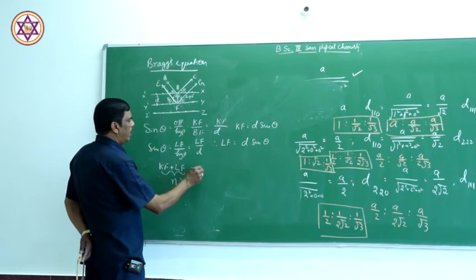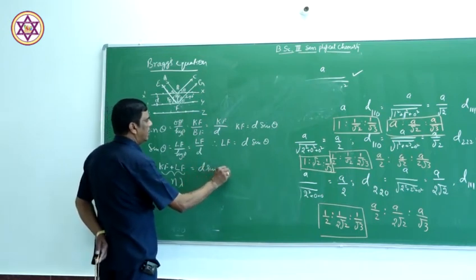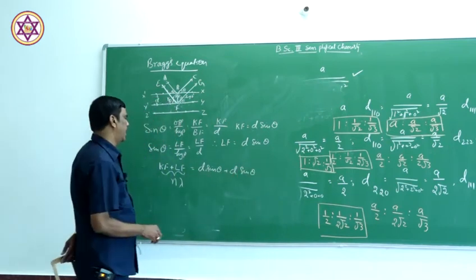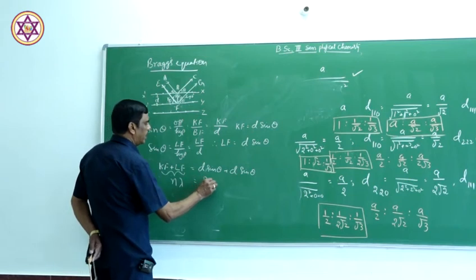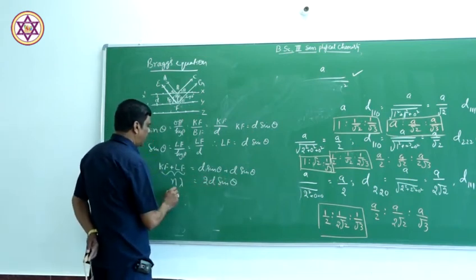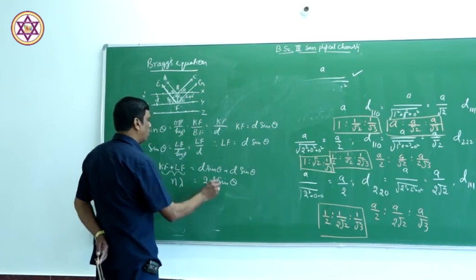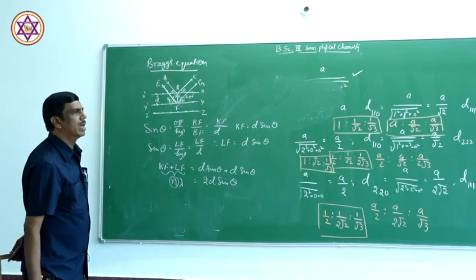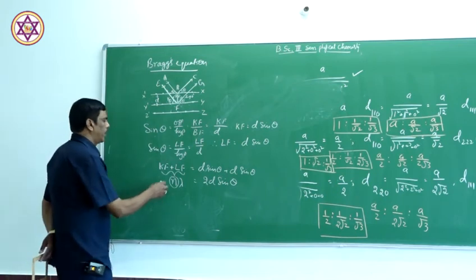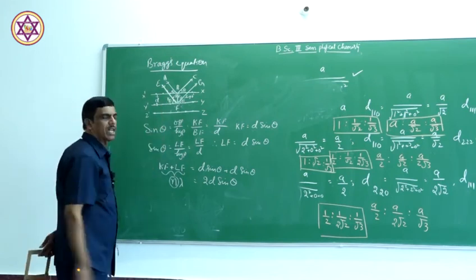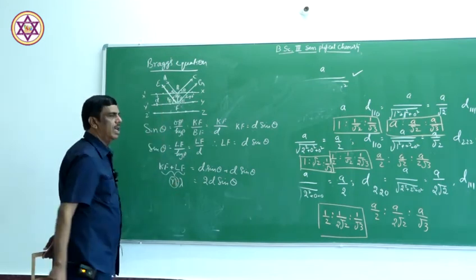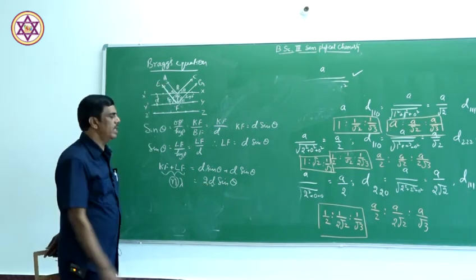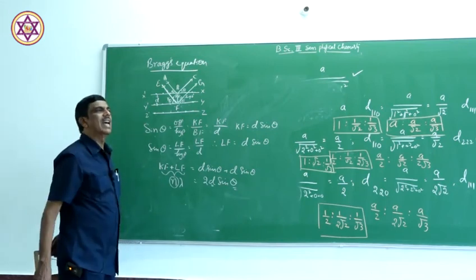KF plus LF is nothing but D sin theta plus D sin theta, which is equal to 2d sin theta. So n lambda is equal to 2d sin theta, where n is called the number of waves that are passed extra, lambda is the wavelength of the incident X-ray, d is the interplanar distance, and theta is the glancing angle.